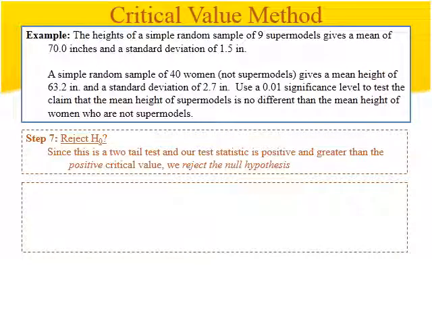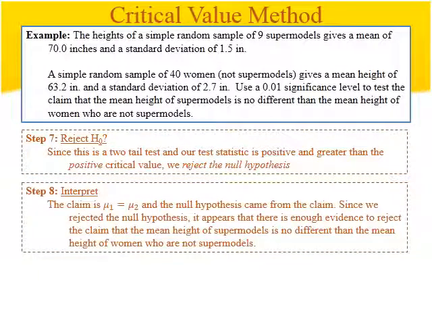Since this was a two-tailed test and our test statistic was positive, and because it was greater than the positive critical value, we reject the null hypothesis. So, since the claim was that the two means were equal, and the null hypothesis came from that claim, since we rejected the null hypothesis, we can say there's enough evidence to reject the claim that the mean height of supermodels is no different than the mean height of women who are not supermodels.